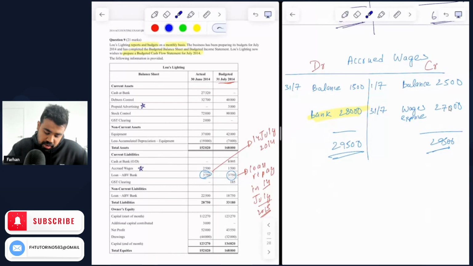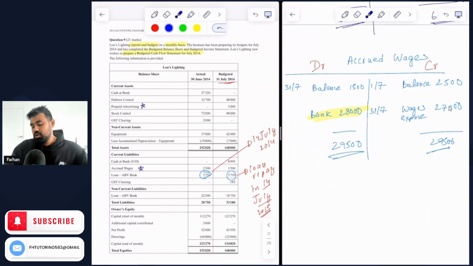Check the current liabilities section and accrued wages. The closing balance for 30 June 2014 is $2,500, which is the opening balance at 1st July 2014, and the closing balance at 31 July 2014 is $1,500. So both of these amounts are included here. Opening balance of $2,500 on the credit side and closing balance of $1,500 on the debit side.